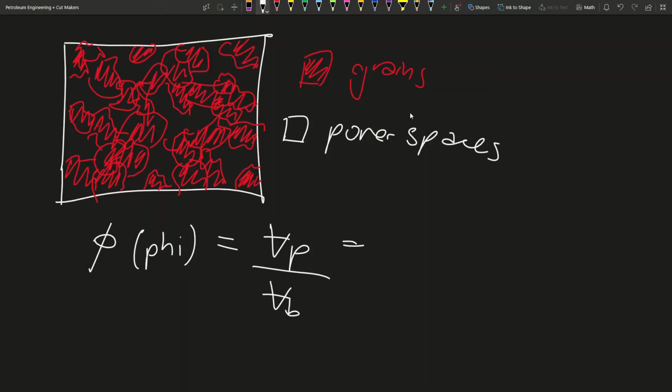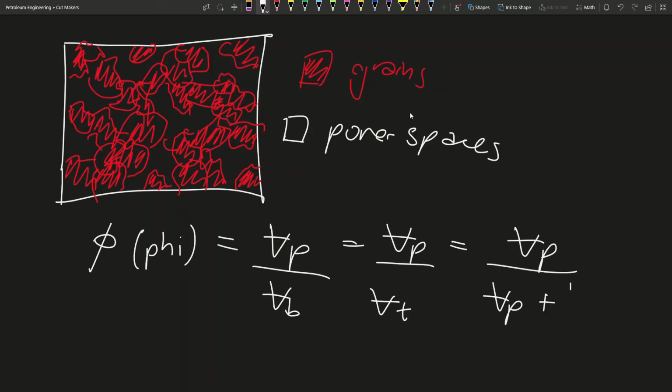The bulk volume is also known as the total volume, and that is the same as the pore volume plus the volume of the grains.